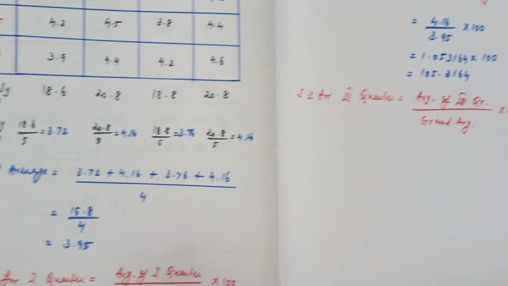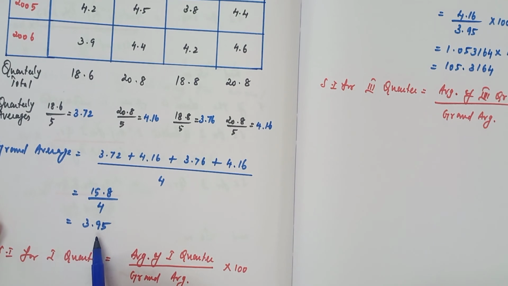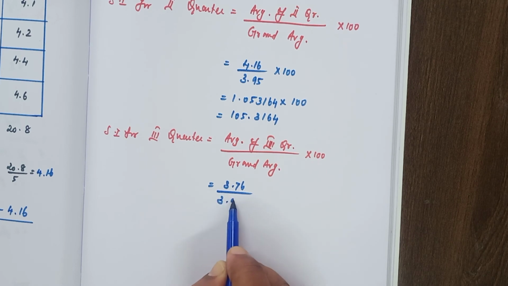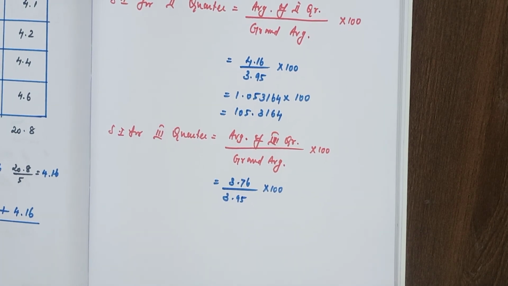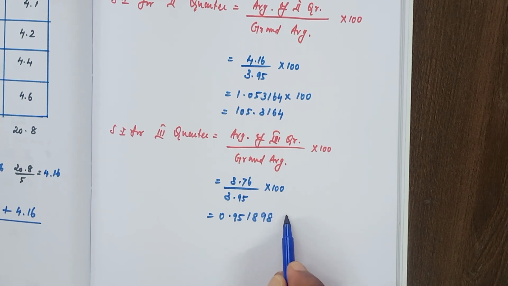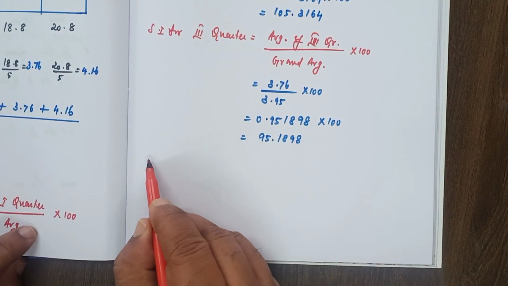The third quarter average is 3.76 divided by 3.95, into 100. 3.76 divided by 3.95 equals 0.951898, into 100 gives 95.1898.